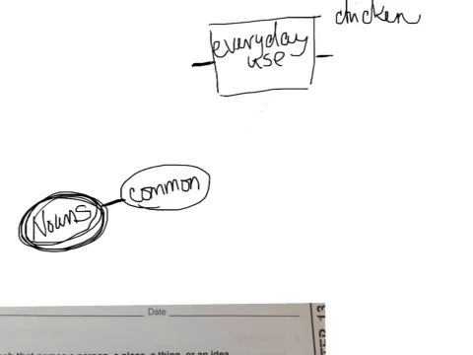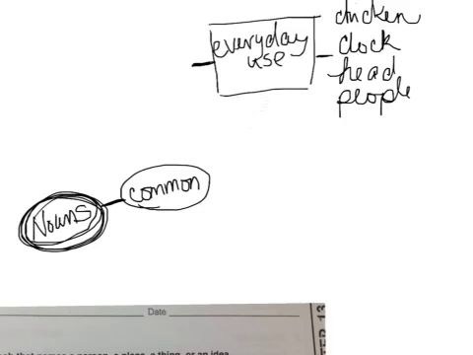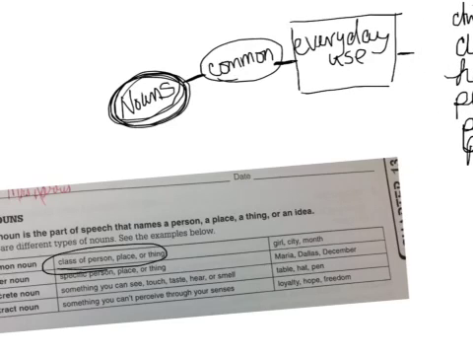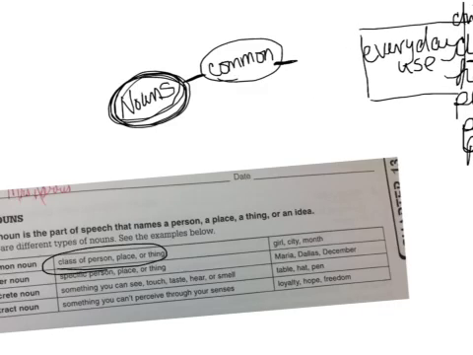Marcus? Clock. Riley? Head. Yes. Desk. Okay, I want hands. Kirsten? People. Phone. Wait, why can't we use desk? Lexi? Pen. Good. Okay, I think we got a good list. We have pen, chicken, clock, people, pen.